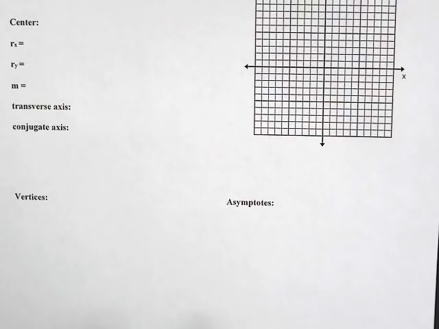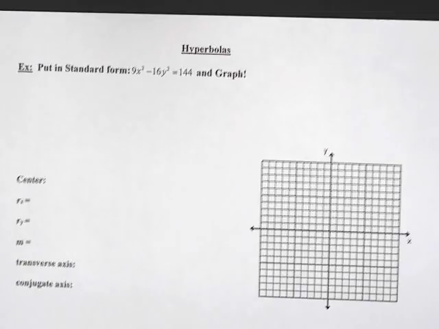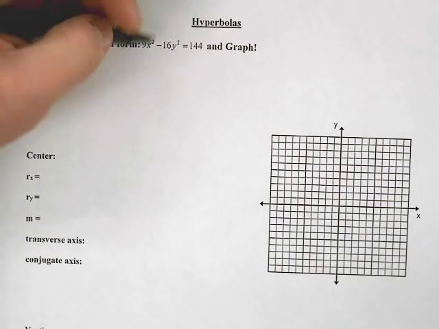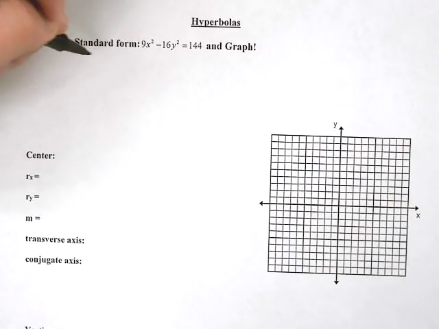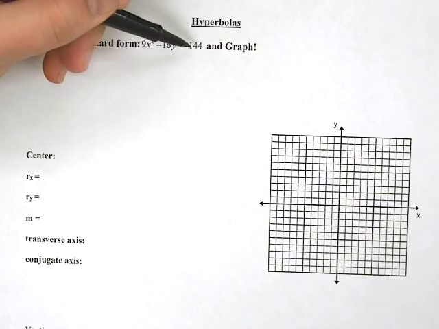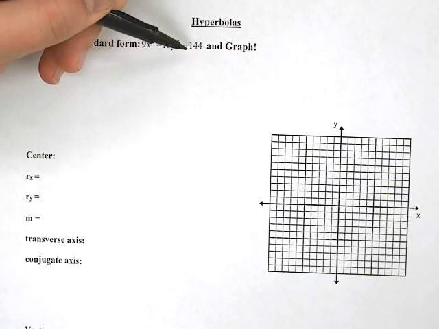Alright, so now we have to put all this to work. Let's see what's going on here. Alright, so we have an equation in general form. We want to put it in standard form so that we can graph it. This looks pretty good to start. It doesn't look like we have to do any rearranging. I think the major thing we have to do here is we have to realize that this right side does not have a 1.